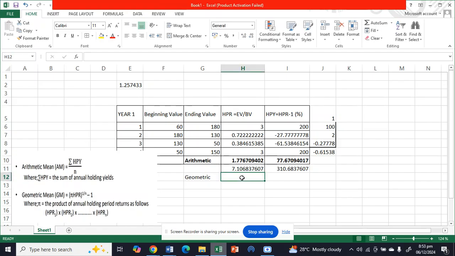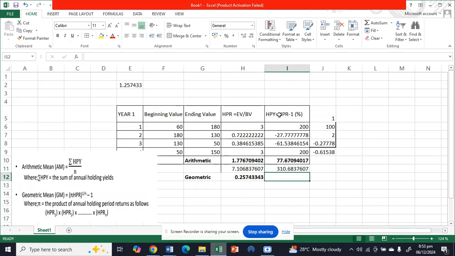So we say 1.257 minus 1. So this is our geometric mean, 0.257 for the holding period returns.